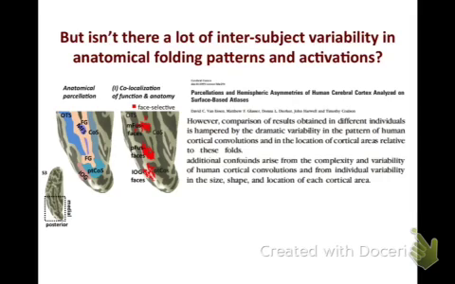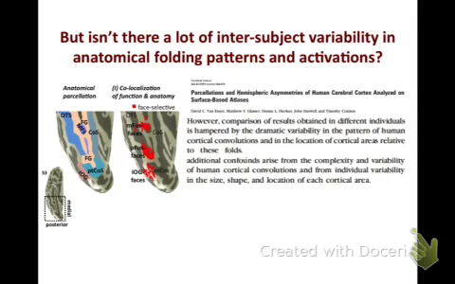For example, David Van Essen says, comparison of results obtained in different individuals is hampered by the dramatic variability in the pattern of human cortical convolution and in the location of cortical areas relative to these folds. Additional confounds arise from the complexity and variability of human cortical convolution and from individual variability in the size, shape, and location of each cortical area.